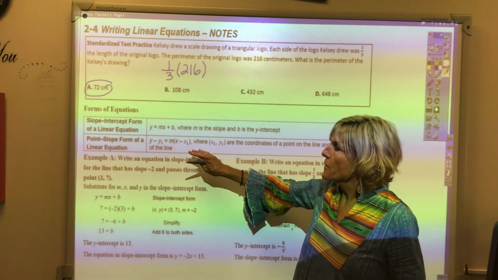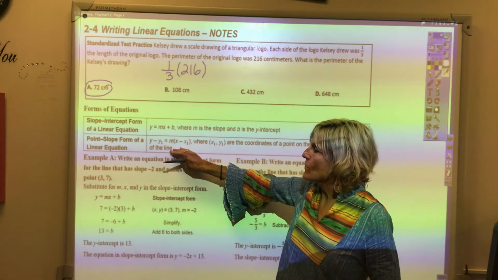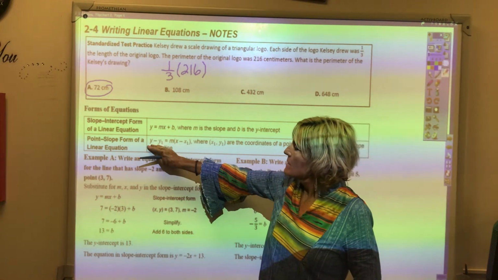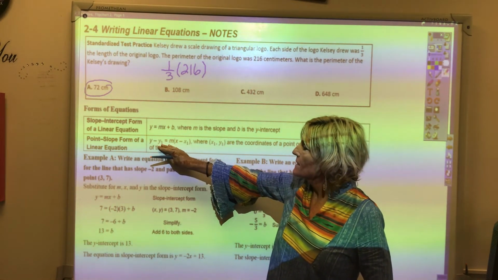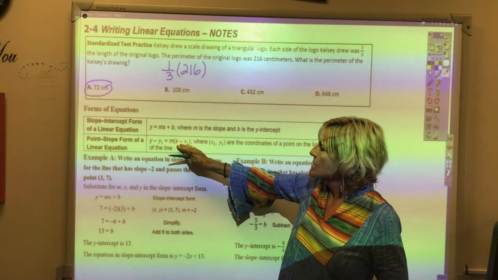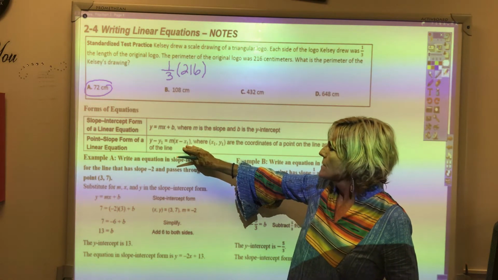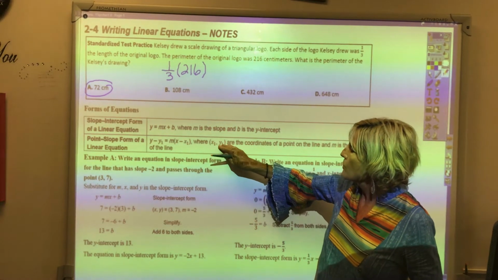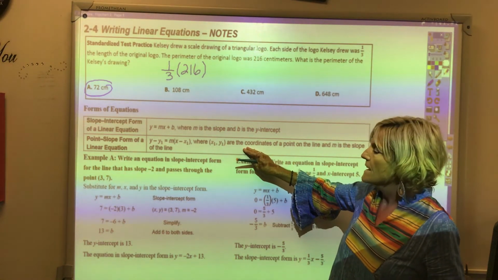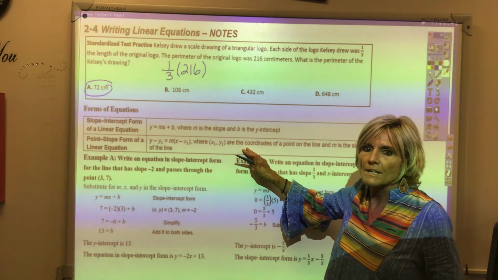The second equation that we're going to deal with is the point-slope form. It is y minus y sub 1 equals m times x minus x sub 1, where x sub 1 and y sub 1 are the coordinates of a point on the line, and m is the slope of the line.